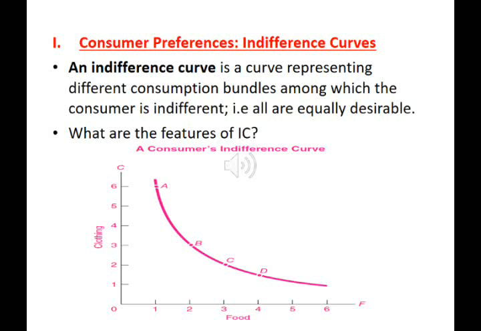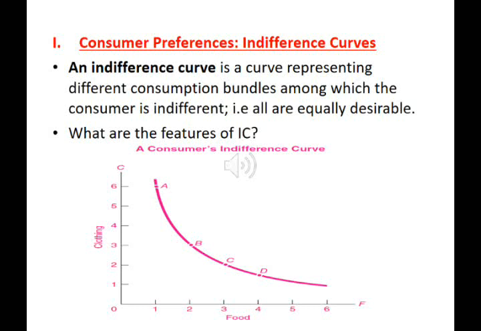By the same token, the scarcer a good, the higher its marginal utility, which means that we will be willing to substitute more of the other good to get one more unit of the good that we have a scarcity of.